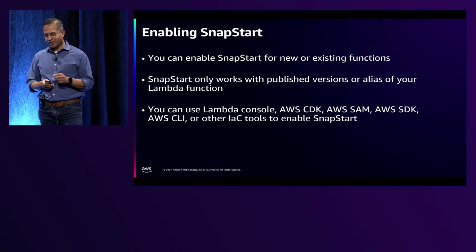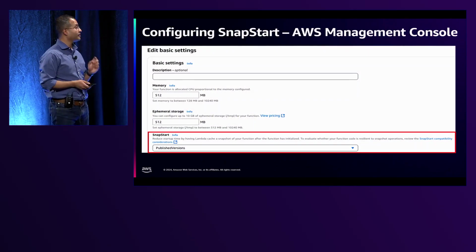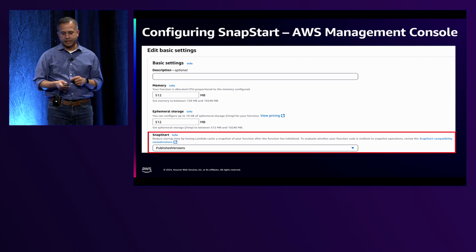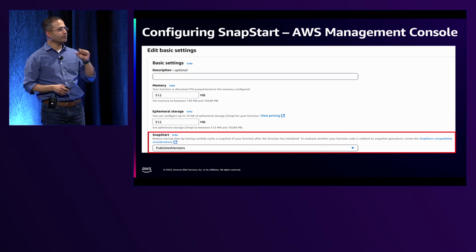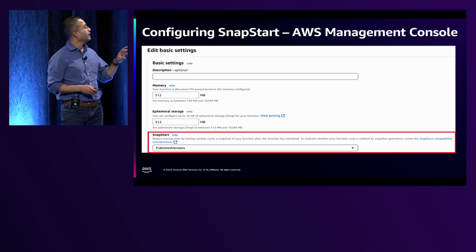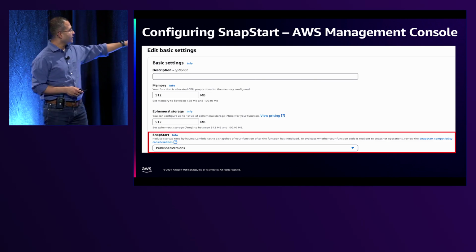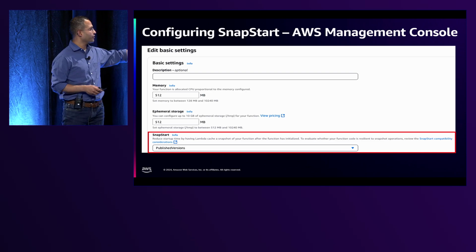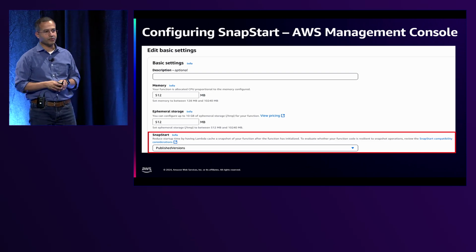I did talk about how if you don't specify your function version or the alias, then SnapStart doesn't work. But let's see how in the console. After you've created a Lambda function, as part of the function configuration, that's where you have the option of turning on and enabling SnapStart and then selecting published versions.